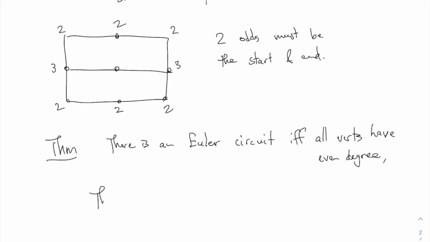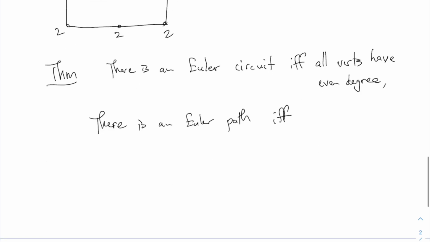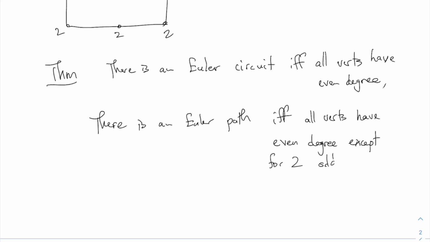There is an Euler path if and only if all of them are even except for 2 odds. All vertices have even degree except for 2 odds, right?